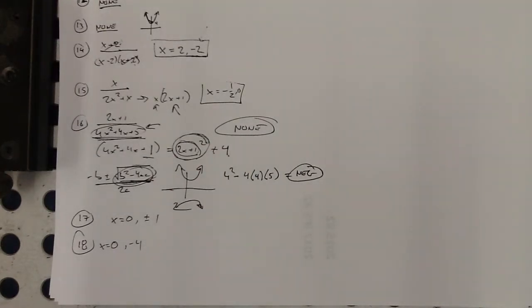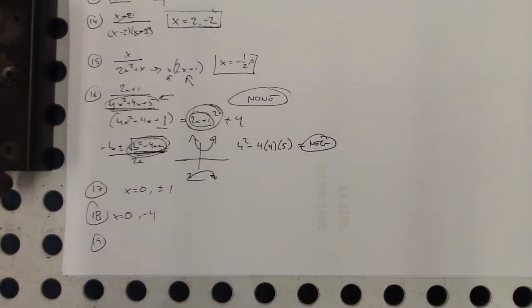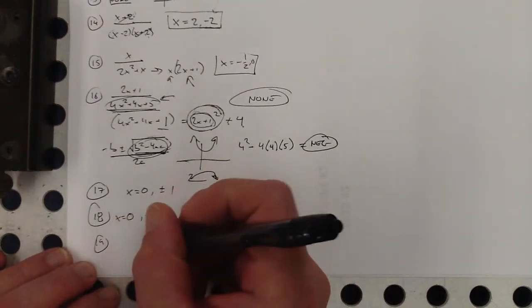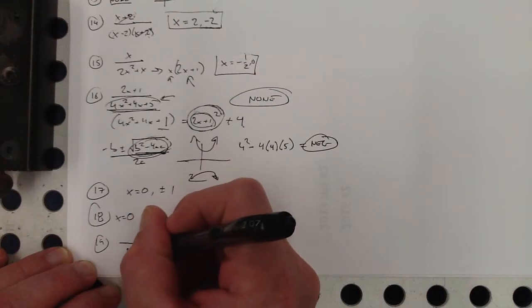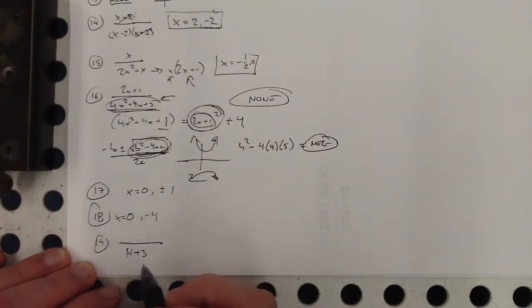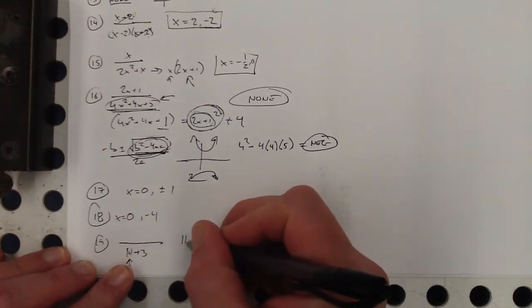Okay, number 19. I've got on the bottom of this, I've got the absolute value of x plus 3. So this would have to be equal to negative 3 to make the bottom equal to 0.